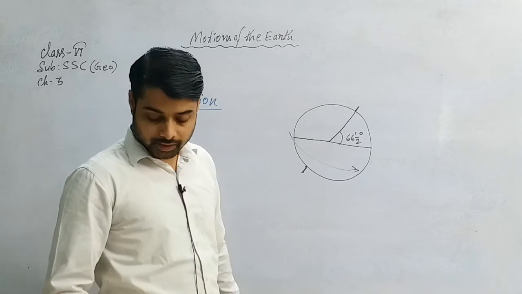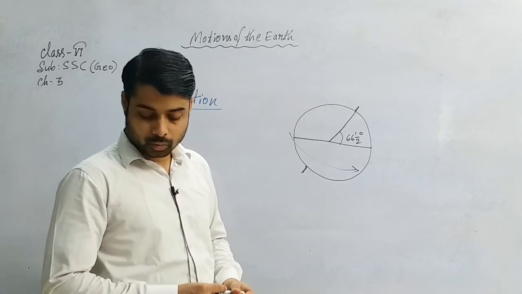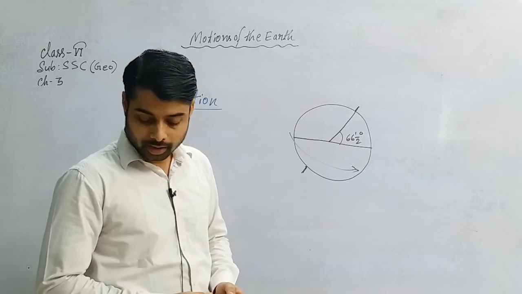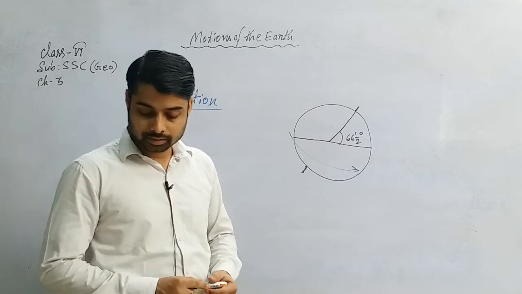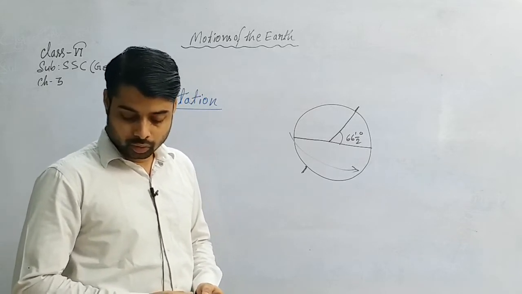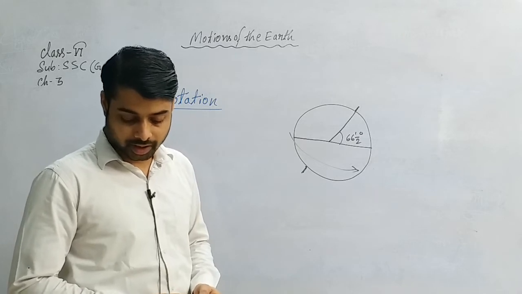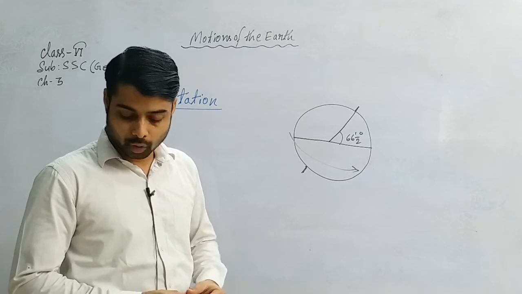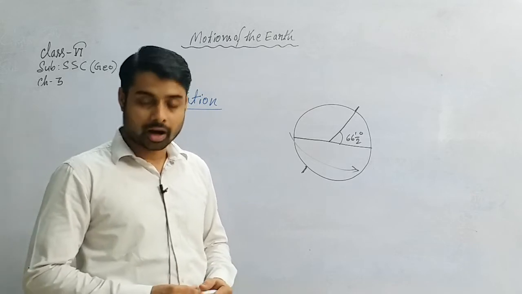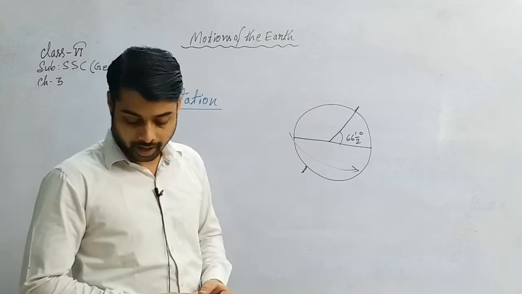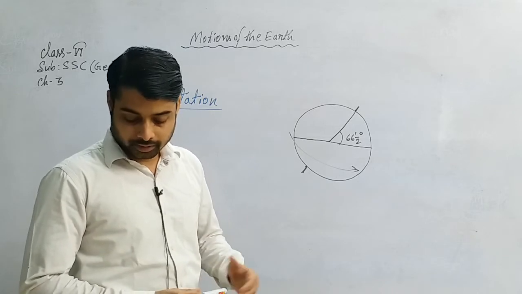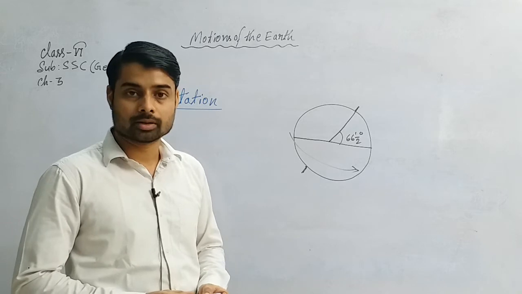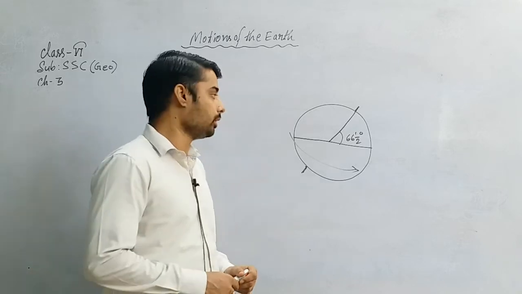Now we are going to discuss what the circle of illumination is. You know that Earth receives light from the sun, and due to the spherical shape of the earth, only half of the earth gets light and the rest of the part experiences complete darkness, and it is called night.